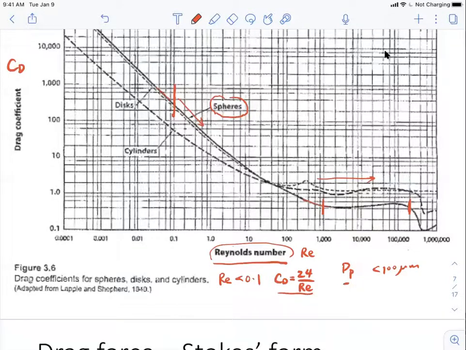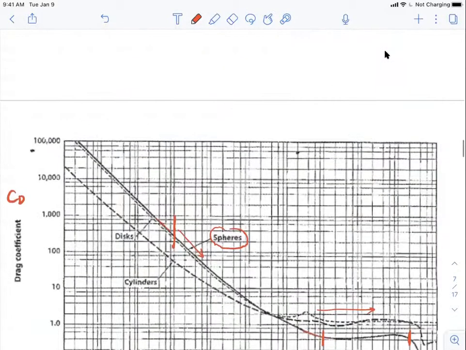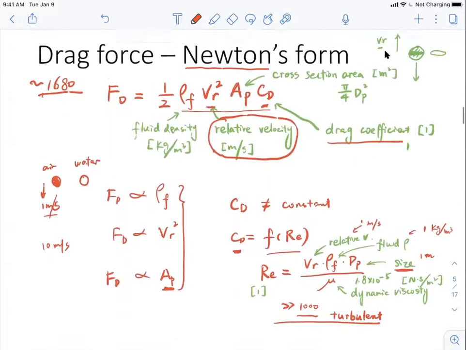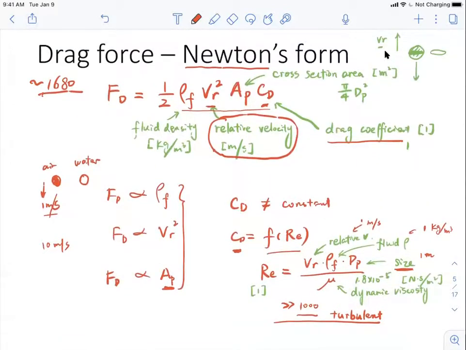We know that the Reynolds number is rho F VR dP divided by the viscosity, and we also know the drag force has the equation like this. So can we plug in the CD and see what we find out?